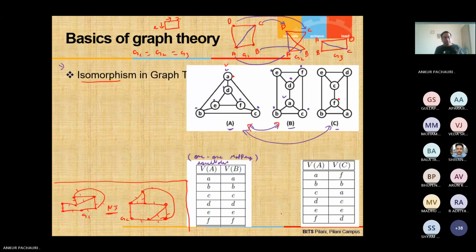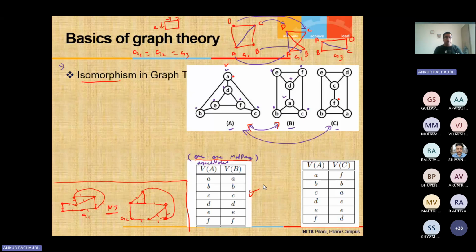In order to say that both the graphs are isomorphic, I'll have to come up with the mapping. Unless I come up with this one-to-one mapping, I cannot say anything about the isomorphism. So if we come up with this mapping, then I can say, okay, I have found at least one mapping, one-to-one mapping, so that means those two graphs are isomorphic to each other.